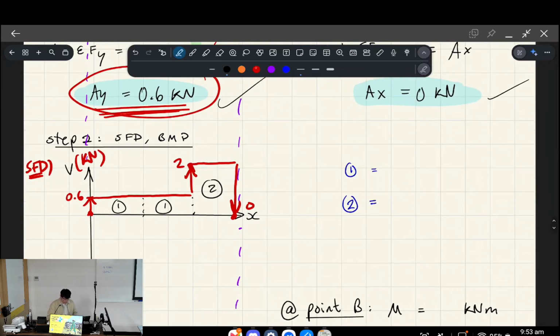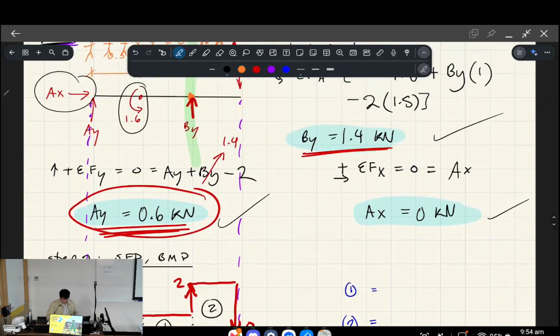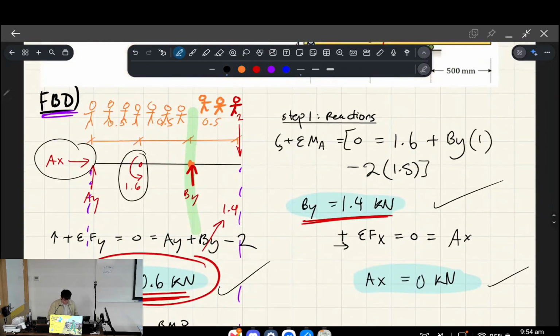But first we're going to find the areas of these shapes. The first thing to realize is that the geometry of the beam will stay the same in the x dimension on the shear force diagram as in the free body diagram. I'm going to start rubbing these out. One sec.